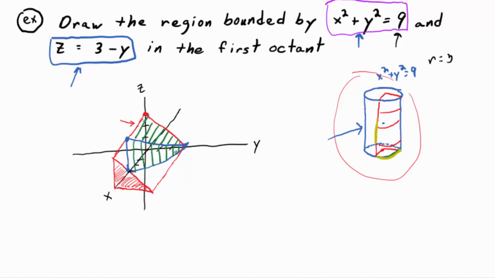So this is like a curvy wedge in green. You can erase all this other stuff. All this other stuff is irrelevant now. So what we're really talking about is the region bounded by this curvy wall here, the ceiling on top given by the plane, the floor given by the XY plane, the back wall given by the YZ plane, and this side wall given by the XZ plane. If you didn't get all that, don't worry, you're going to see more of this.